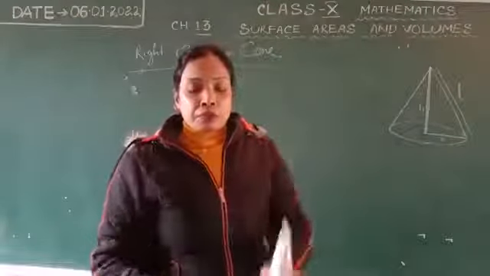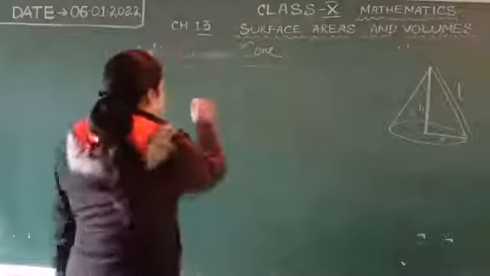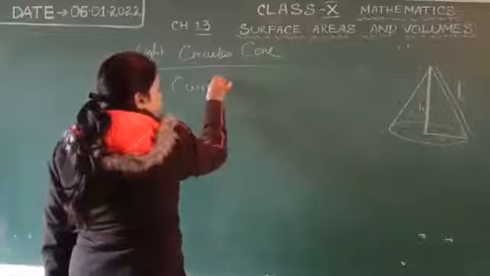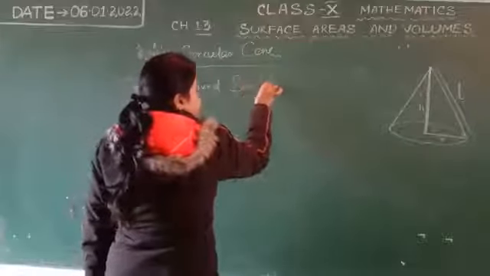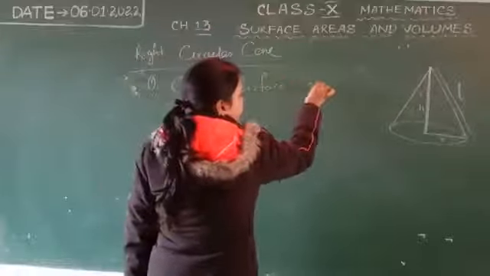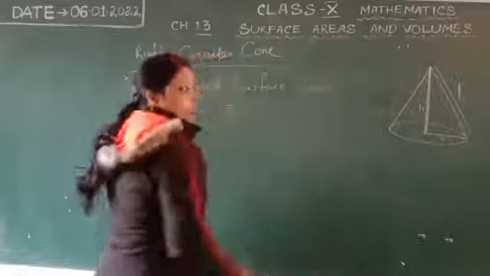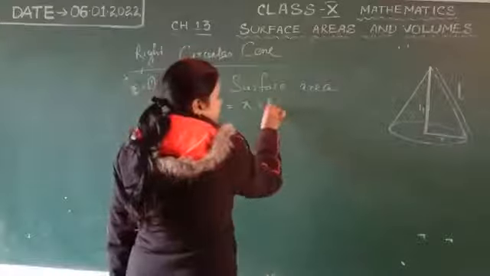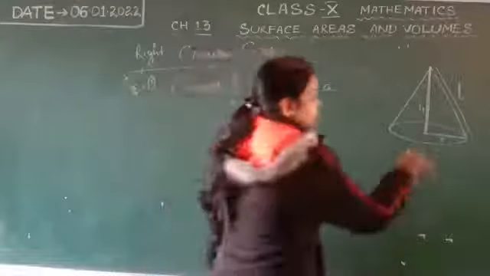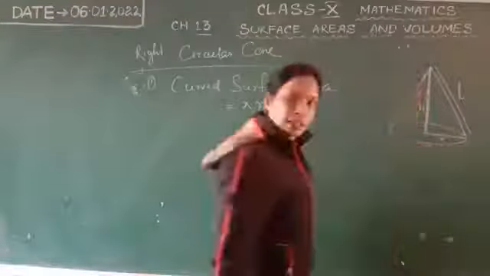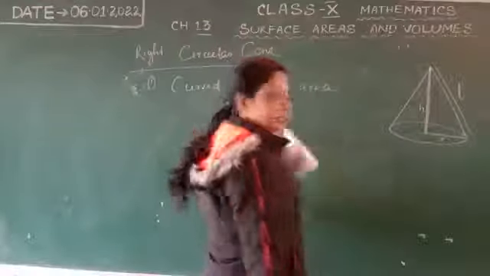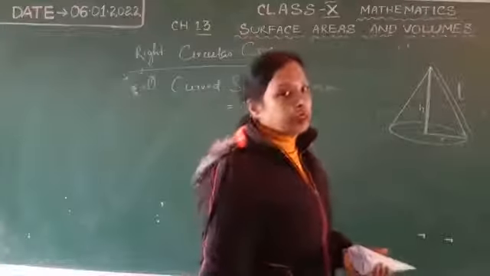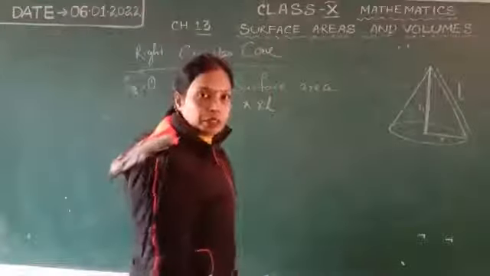Okay, so how to find the curved surface area? The curved surface area is equal to pi r L. I think all of you know r is the radius of the circle, and pi, according to your question, is 22/7, otherwise 3.14 according to your question you put.